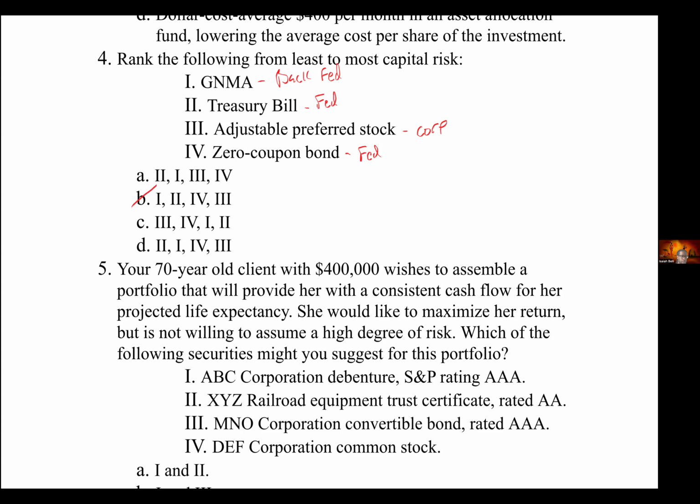So we should automatically cross out B and C. And then the preferred stock, because it's equity, is going to have the most risk, and that should go last. So I'm looking at D now.